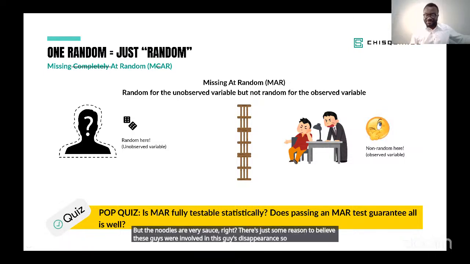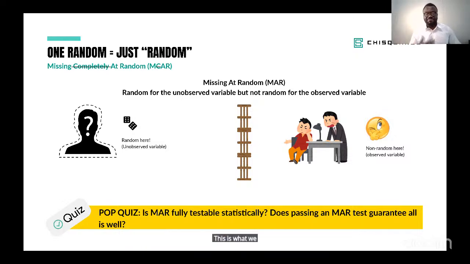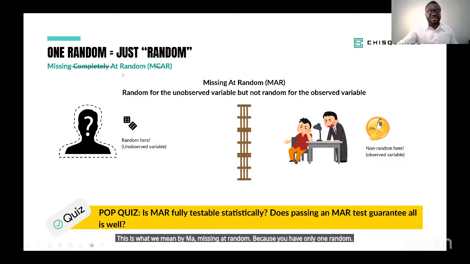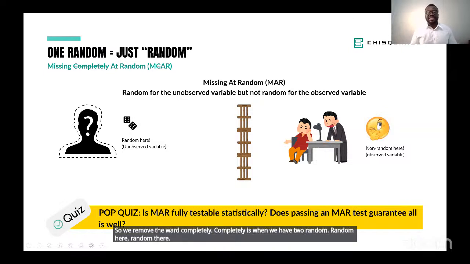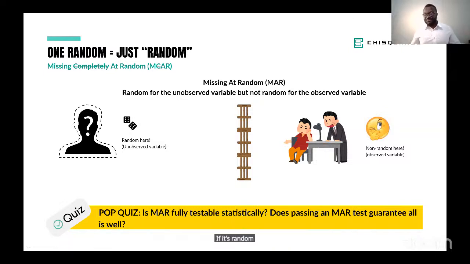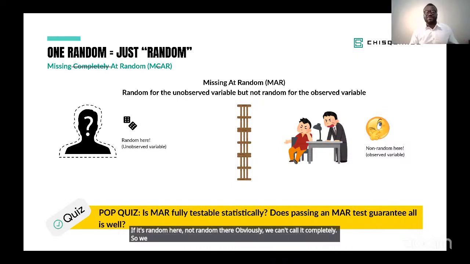So you have random here, but not random here. This is what we mean by MAR, because you have only one random. So we remove the word completely. Completely is when you have two randoms. If it's random here and not random there, obviously we can't call it completely. So we delete the word completely and we're left with missing at random. So that's what MAR means.